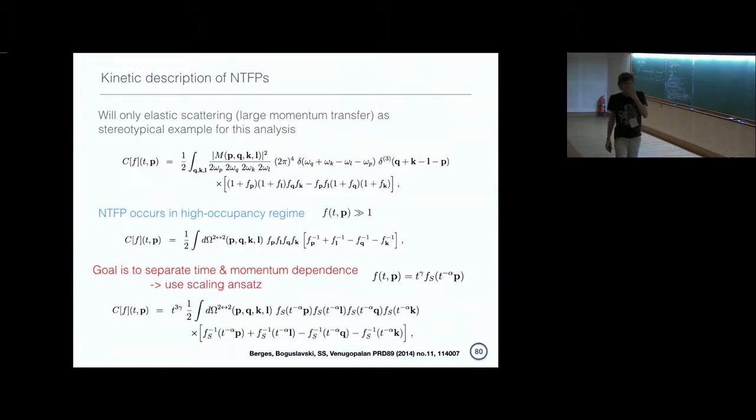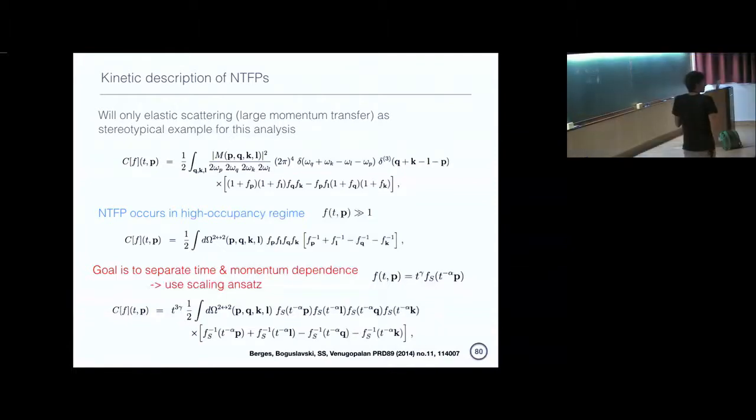Now the goal is this: on the left-hand side of the equation, we had this very nice factorization of the time and momentum dependencies. The question is whether we can find something like this also for the interactions going on in the system.